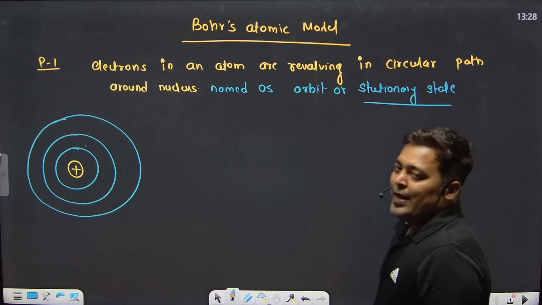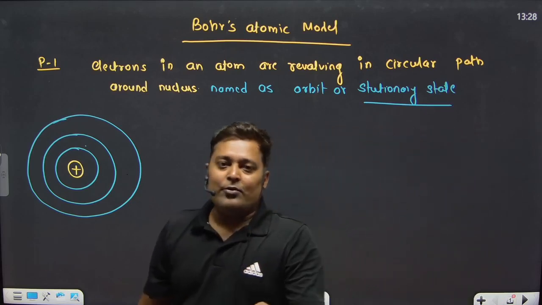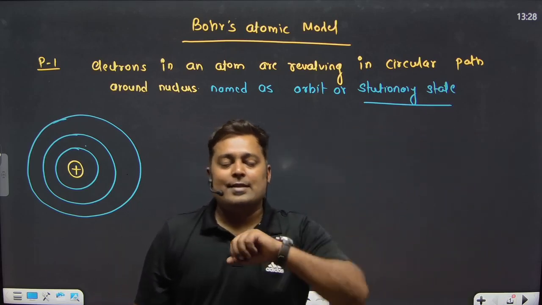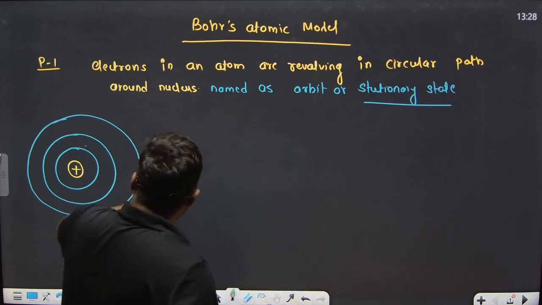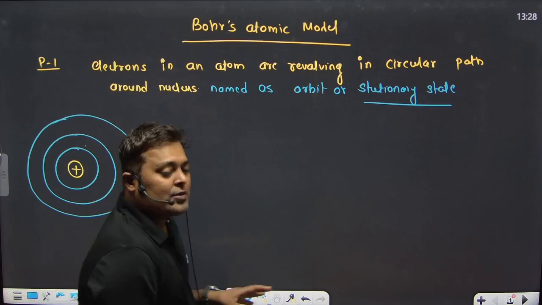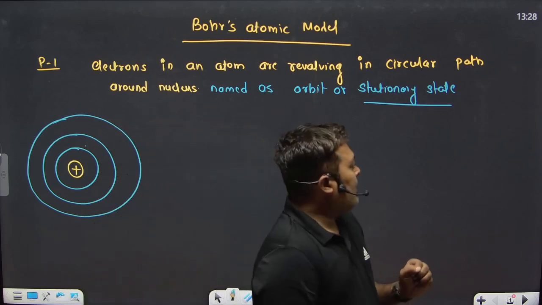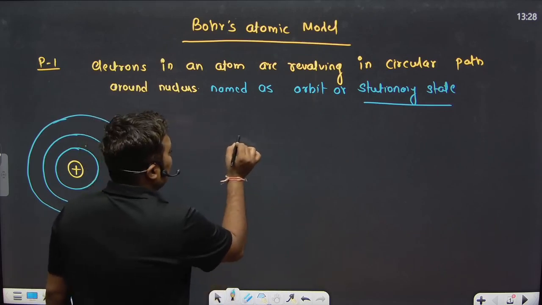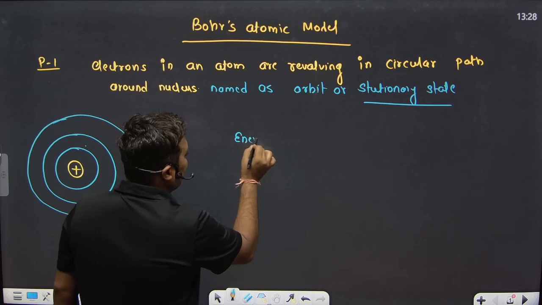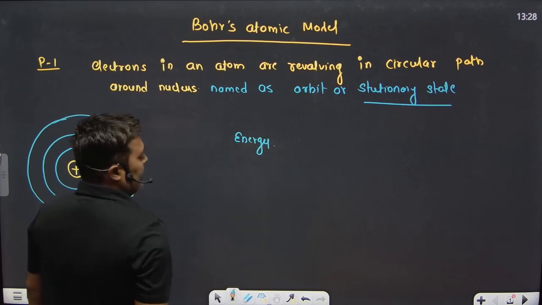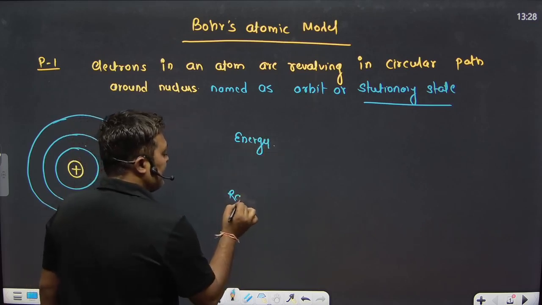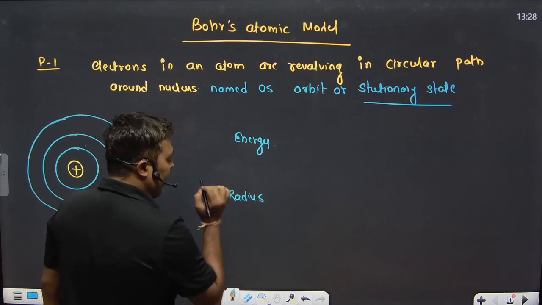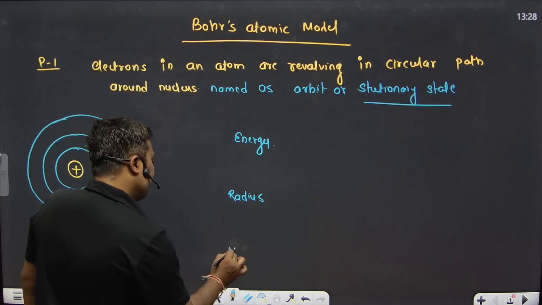The reason is that these circular paths have fixed values of certain things. They have a fixed value of energy, a fixed value of radius, and a fixed value of momentum.